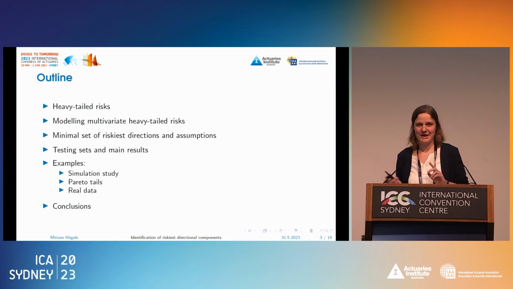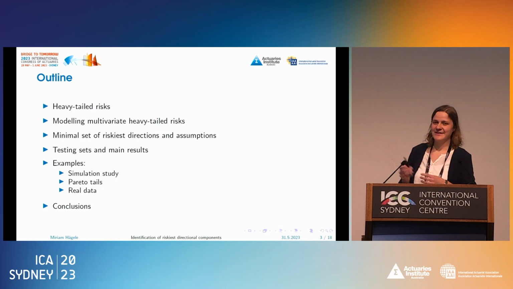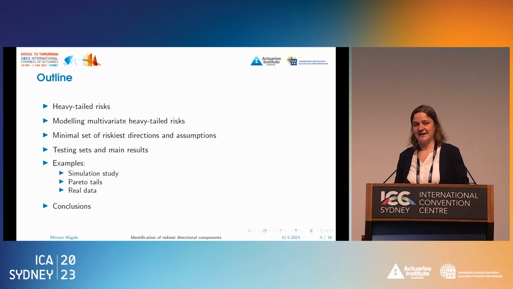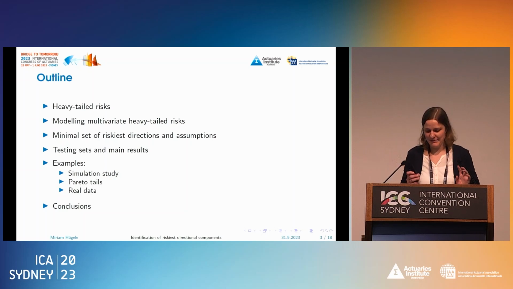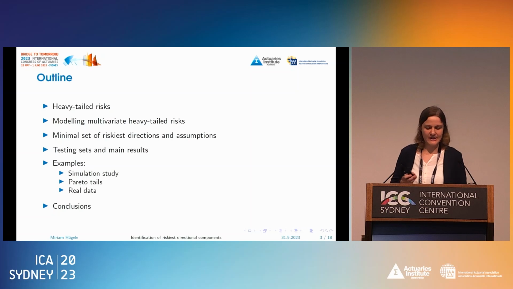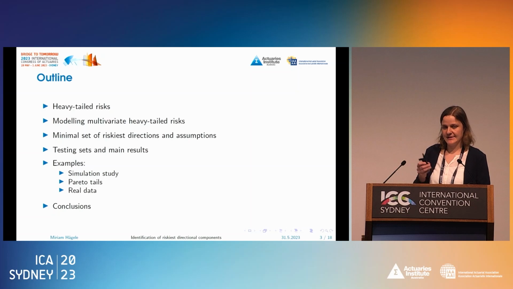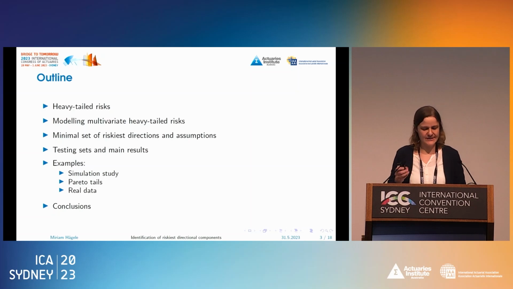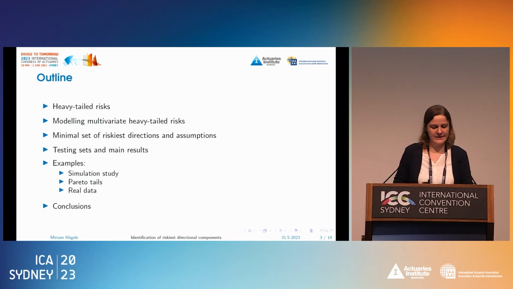I did my PhD in advanced mathematics, so it's maybe a bit more mathematics and not so much applied, but I hope you can still follow the talk. I will introduce the minimal set of riskiest directions, then move on to the main results and introduce the testing sets that we use to find this minimal set of riskiest directions.